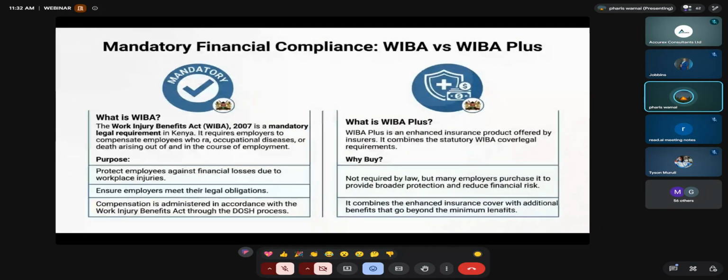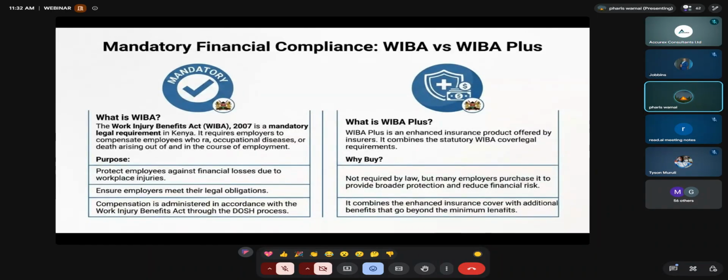So the simple answer is no, but there are conditions to it. If this employee was involved in an accident while using public transport, and you have only the basic WIBA insurance cover, then they will not be covered.